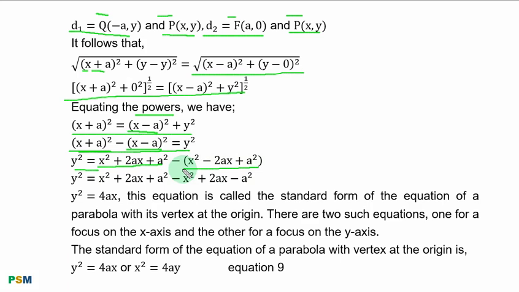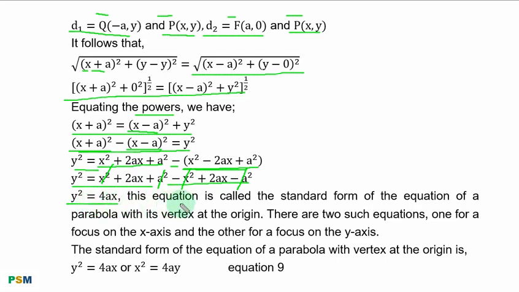Again, open this bracket with the minus sign, you have this result and the other terms. x square minus x square is 0, plus a square minus a square is 0. You have plus 2ax plus 2ax equal to 4ax. So y square is equal to 4ax.